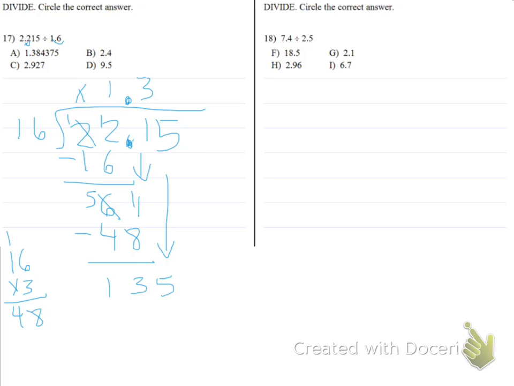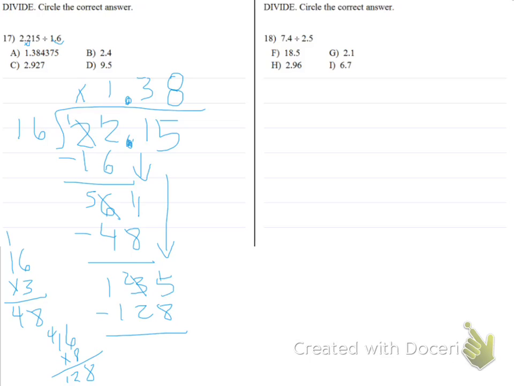Now we're trying 16 into 135. Probably going to need to try a few times to see. But if we check 16 times 8, we have 48 to carry the 4. And that's 8 plus 4 is 12. So 128. Sorry, my mistake. 16 times 8 is 128.